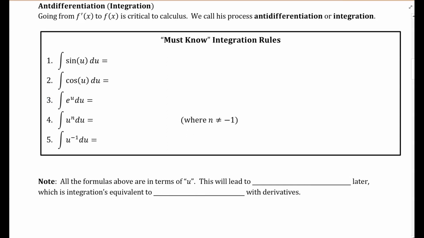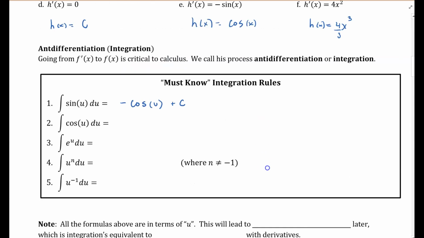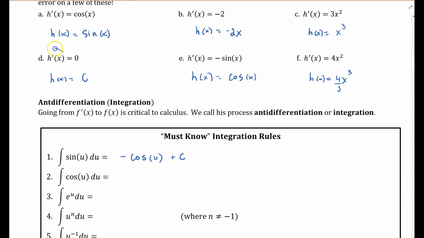So the integral of sine of u du, and we're just using u as our variable here, is going to be equal to negative cosine of u. And what I'm going to do too is add what we call a c value, or a constant, because if I differentiate that function, what happens to that c value, that constant value? Well, we just learned that that turns into 0, turns into nothing, it disappears.